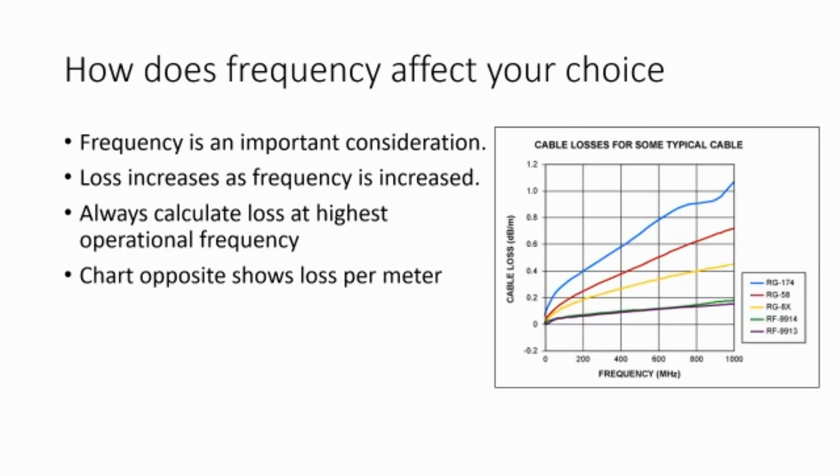So if you had 3 meters of it, you're going to lose 50% of your signal in that cable. And as you can see, as you go up through the better cables, RG58, RG8X, and then some of the other cables, the 9914 and the 9913, the loss per meter significantly improves.